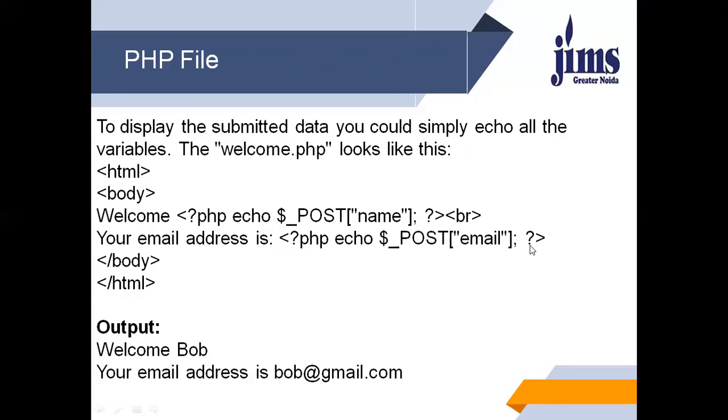So the output will be whatever name you have entered there. Suppose you have entered Bob, it will display Welcome Bob. Suppose you have entered a mail ID, bob@gmail.com, that mail ID will be visible here. Your email address is bob@gmail.com. So we can display the submitted data by using a simple echo command.